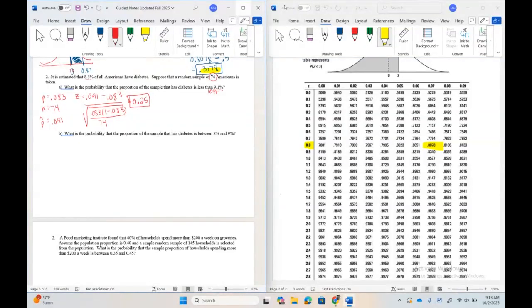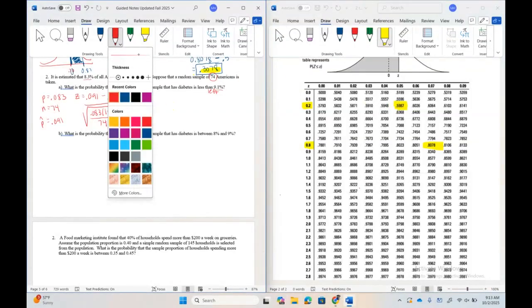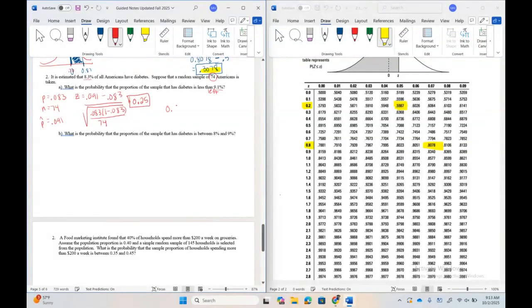So I need to find the area to the left of 0.25. So I have 0.5987. That's an answer there.